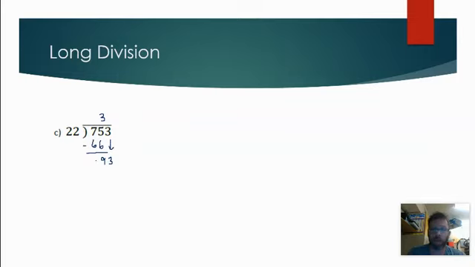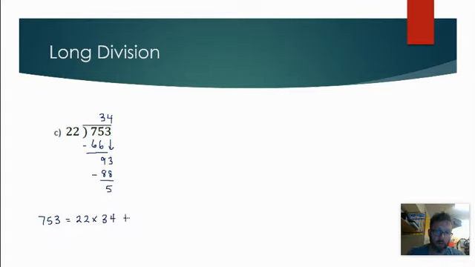22 doesn't perfectly go into 93, but it goes in 4 times. 4 times 22 is 88. 93 minus 88 is 5. In this case, you can see we have a remainder. And what we get is, if we wanted to write a statement like we did before, we could say this: that 73 is equal to 22 times 34, but not perfectly.